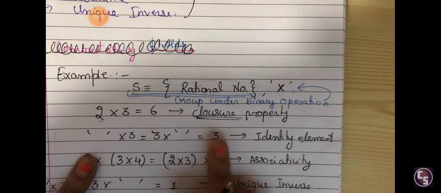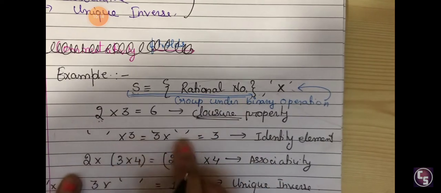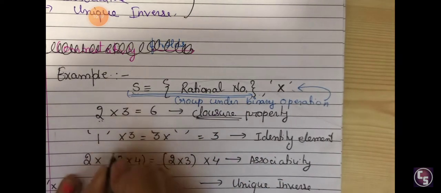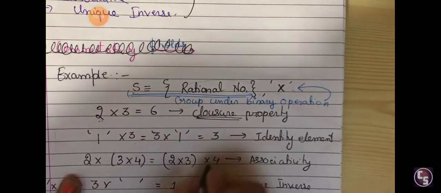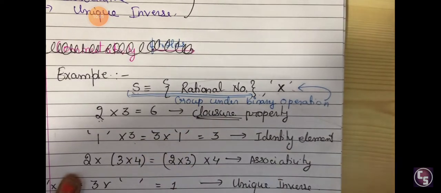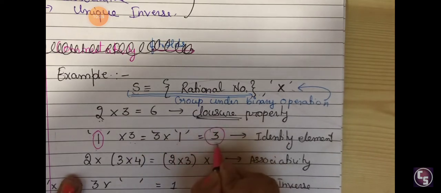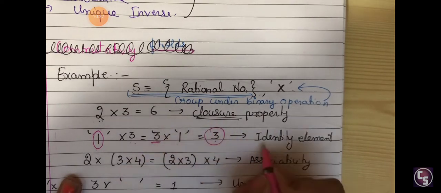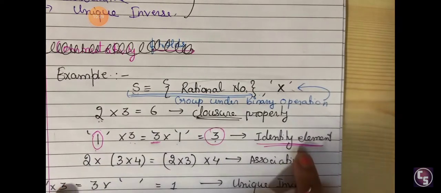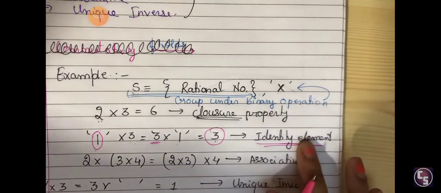This indicates that 1 is the identity element, and the answer is obvious: if I multiply 1 by 3 or 3 by 1, you will get 3. 3 is nothing but the same element, and that is the identity element. Okay, so this was the second rule.